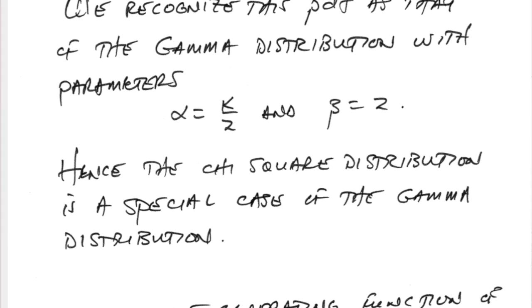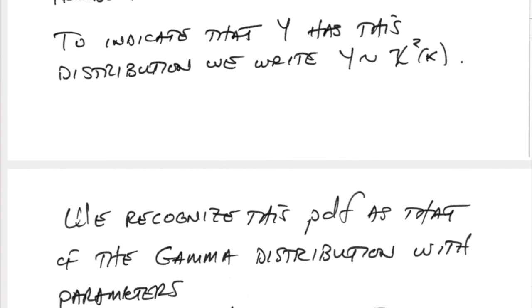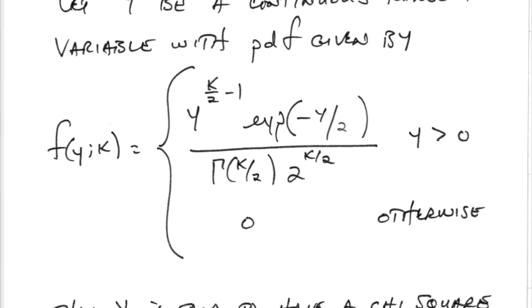Now you probably recognize that PDF as that of a gamma distribution with parameters alpha equal to k over 2 and beta equal to 2. If we go back and look at this, we see that this is the same functional form as that of the gamma PDF. For alpha, we have k over 2 in this location and in this location, as well as in this location.